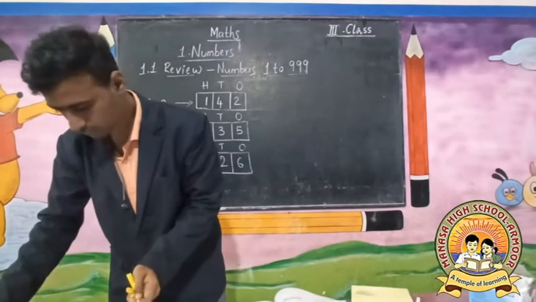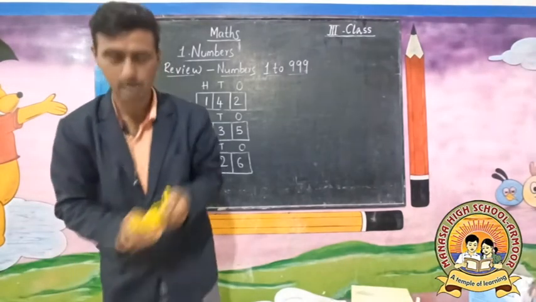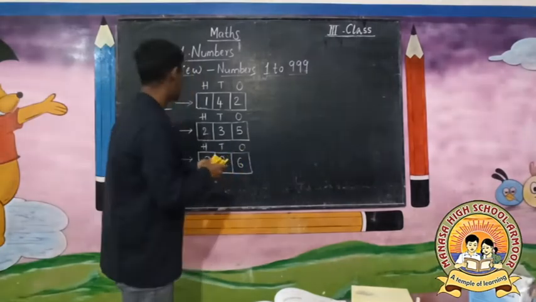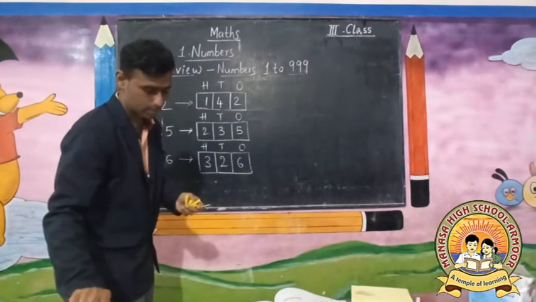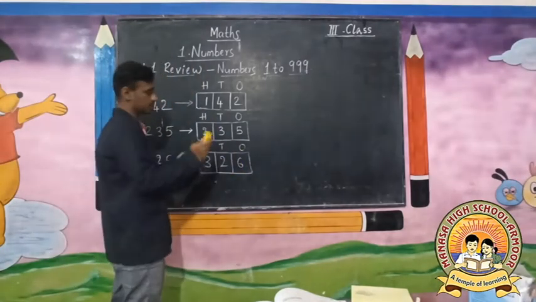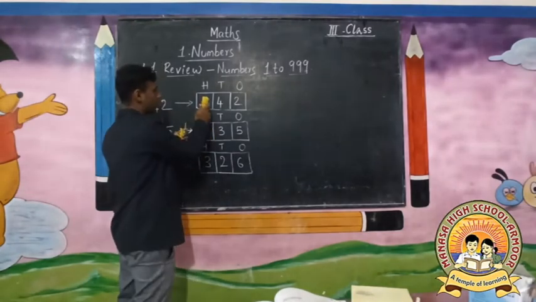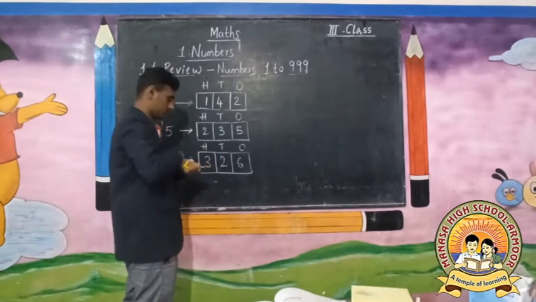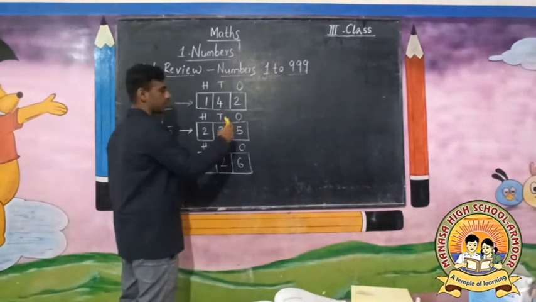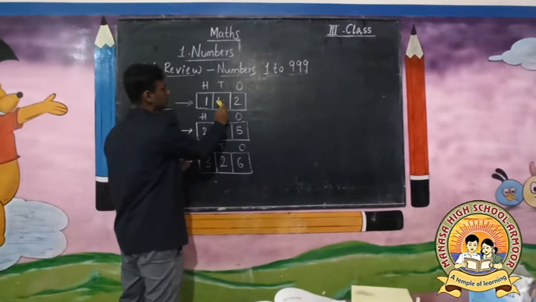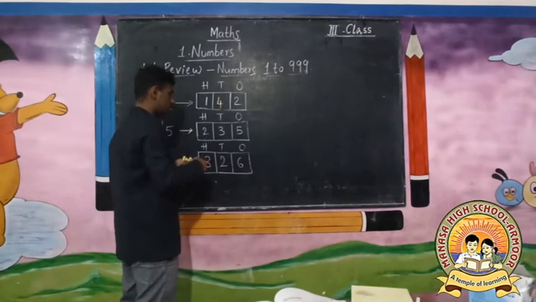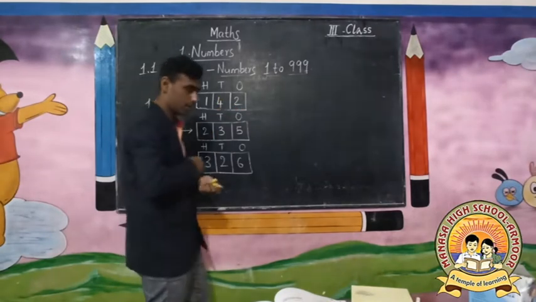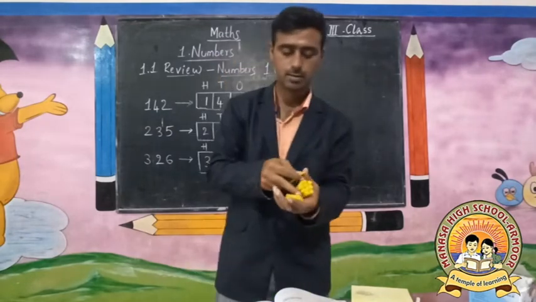And these are hundreds. How many hundreds are there? Only 100. So 100. Here these are 4 tens, 1, 2, 3, 4, 4 tens, and these are 2 ones.